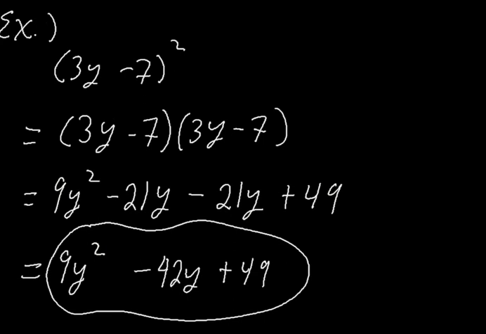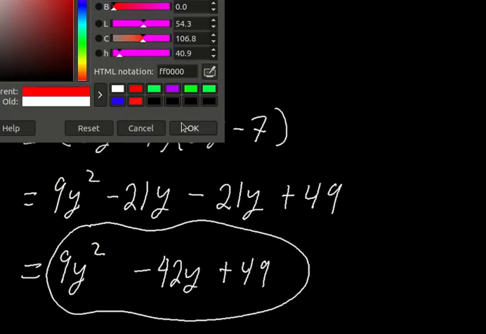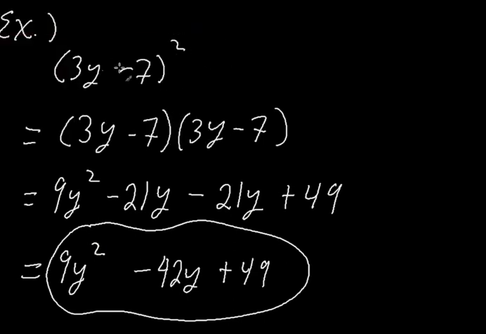Let's see if we can understand this by that formula that I was on about in the previous slide. So here, what does this mean? Well, it's this term squared, so 3 times 3 is 9. Y times y is y squared. Then negative 7 times negative 7 is 49, positive 49.